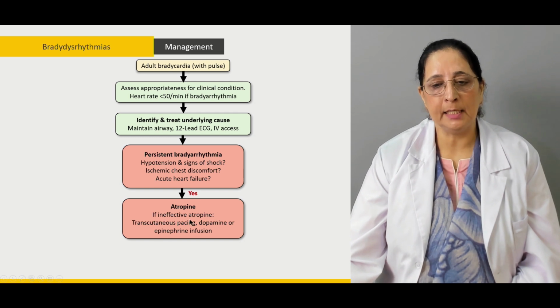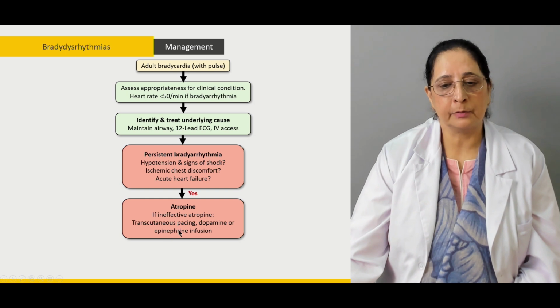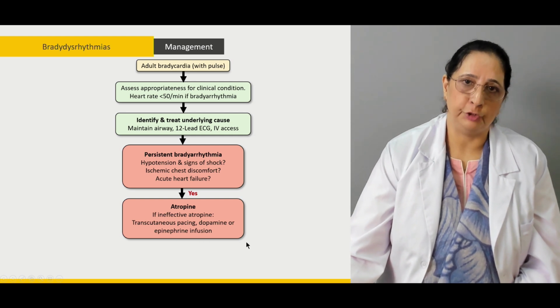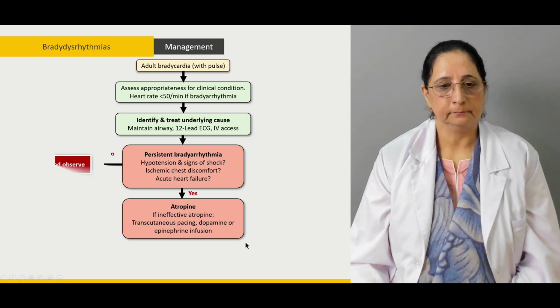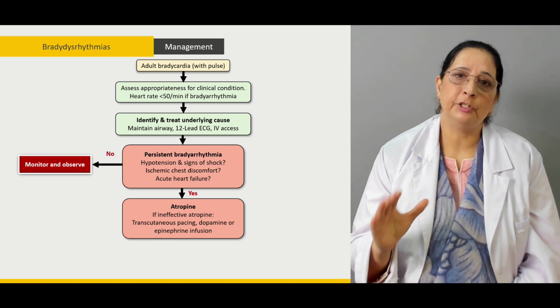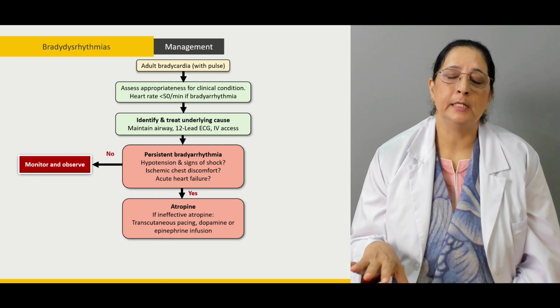If atropine is ineffective, then we should go for transcutaneous pacing, dopamine, or epinephrine infusion. If these findings are not present, we should just observe and monitor the patient.